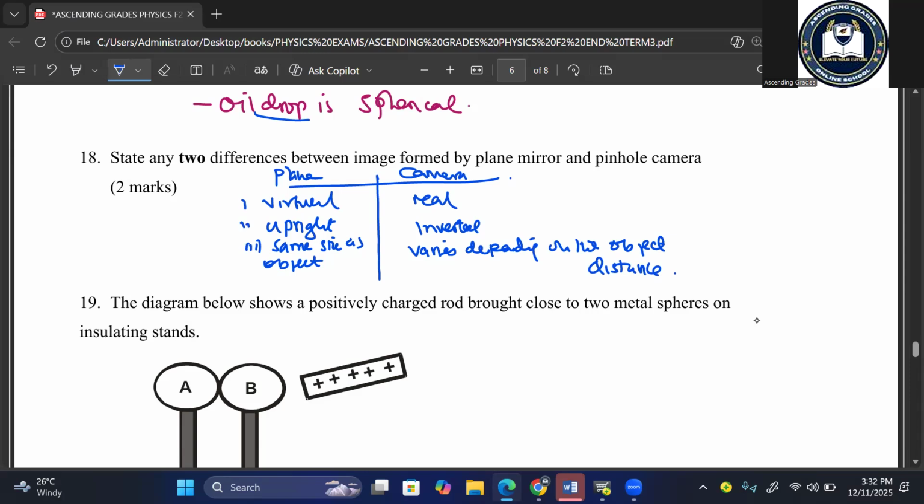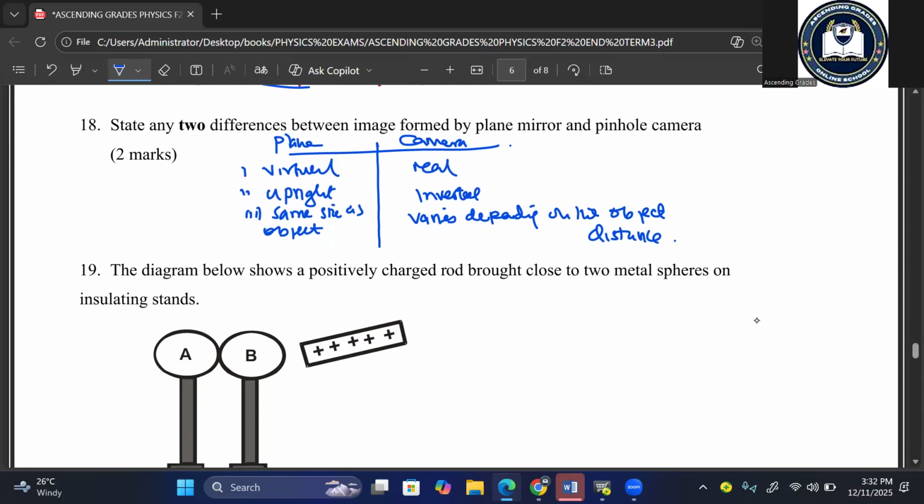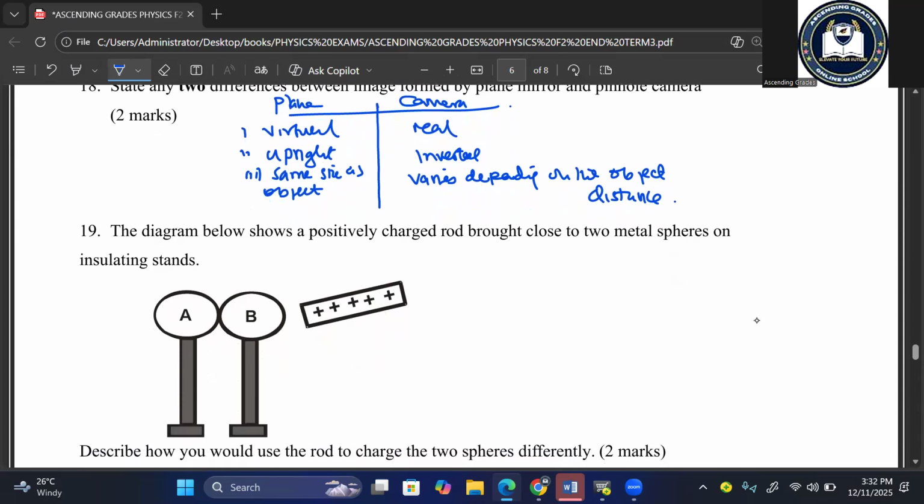We are almost done. The diagram below shows a positively charged rod brought close to two metal spheres on insulating stands. This is charging a body by separation method.